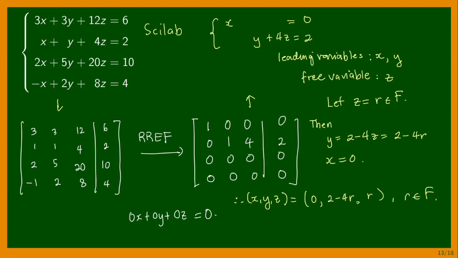So let's say I ask you to give me two particular solutions. When r is 0, a solution is (0, 2, 0). When r is 1, for example, a solution is (0, negative 2, 1).